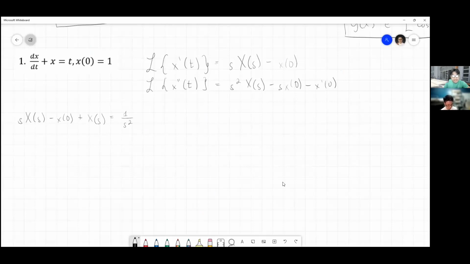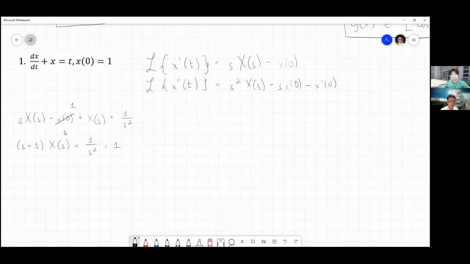Okay? So, para mas dumali yung buhay natin, since alam naman natin na yung initial condition, x of 0 equals 1, pwede nyo siyang i-substitute agad dito. And para makuha nyo, kailangan natin si capital X of s. So, isolate lang natin siya. So, if i-factor out ko si X of s dito, meron tayong s plus 1 times capital X of s equals 1 over s squared plus 1.